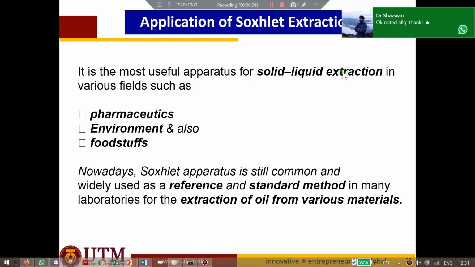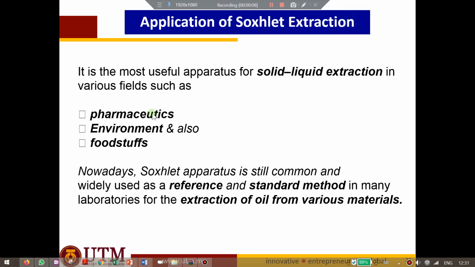Solid liquid extraction is useful in many fields, for example in pharmaceutical, environmental and foodstuff. Nowadays, Soxhlet apparatus is still common and widely used as a reference and standard method in many laboratories for extraction of oil from various materials. I have one experience with Soxhlet extraction.